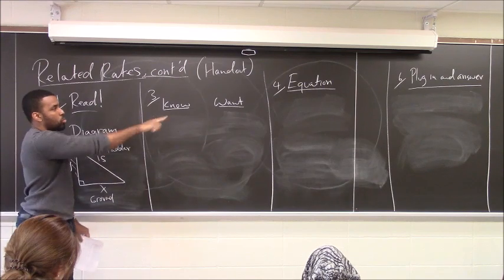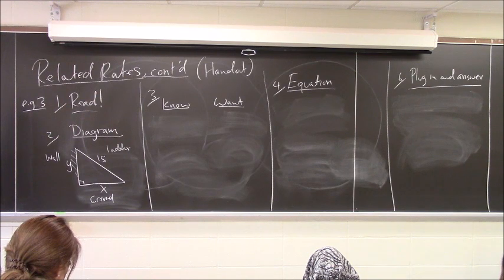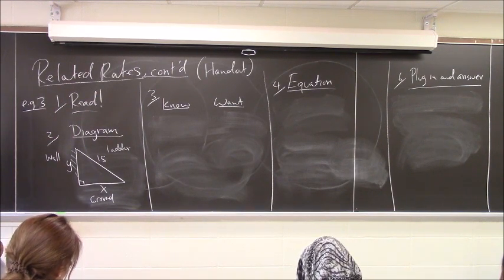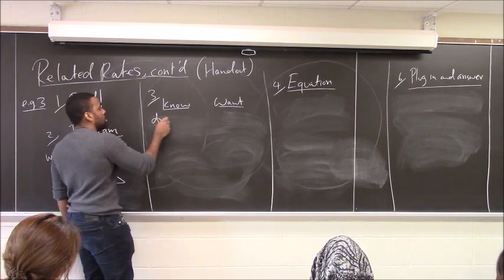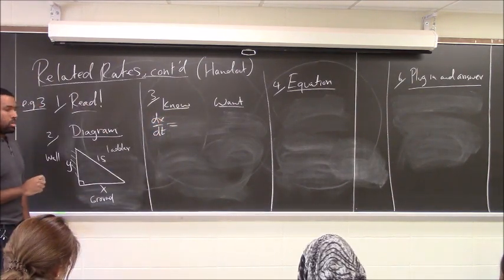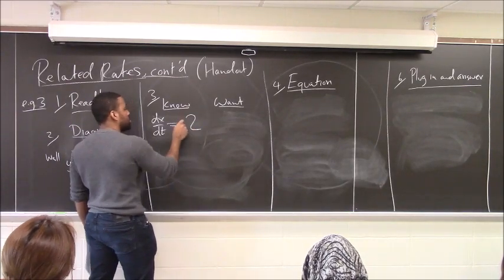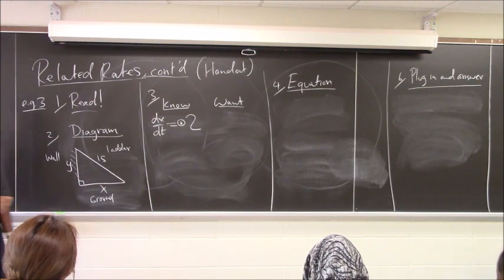Now, what do we know and what do we want in terms of the variables here? What rate do we know? dx/dt. We know dx/dt. What do we know about dx/dt? It's increasing at a rate of 2, which means there's a plus 2.